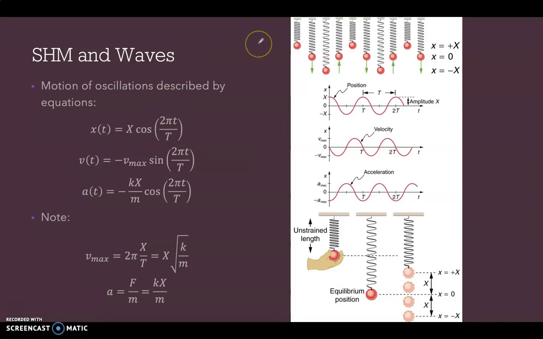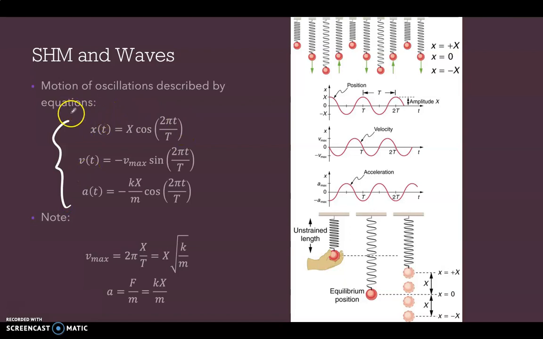Hopefully you remember from algebra or pre-calculus that cosine and sine are wave equations, and so these are the way that we can describe this motion.